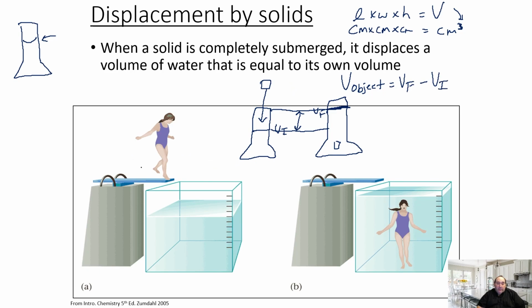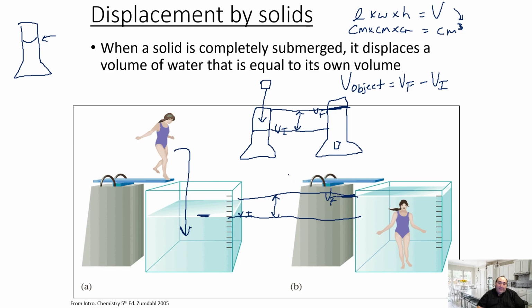So that's what we see here. Before she jumps into the tank, we have an initial volume there. She goes for a dive. She displaces the water. We now have a final volume. So again, if we take the difference in this container, and I can draw straight lines, we will have the volume of her.